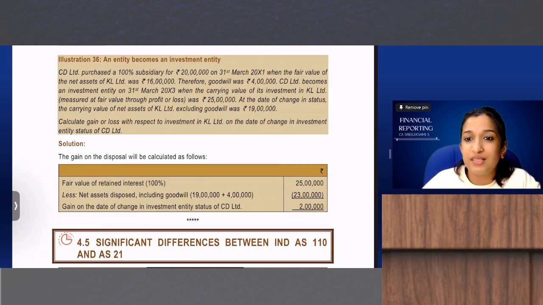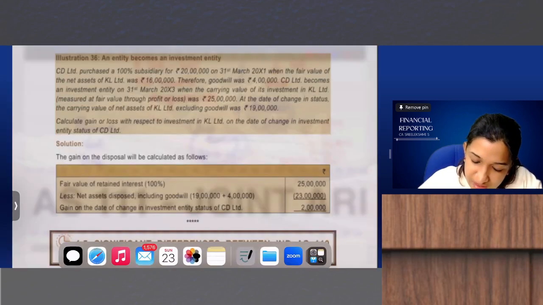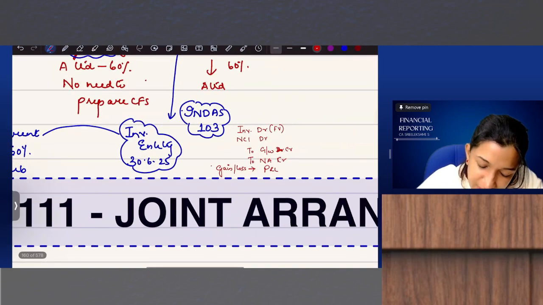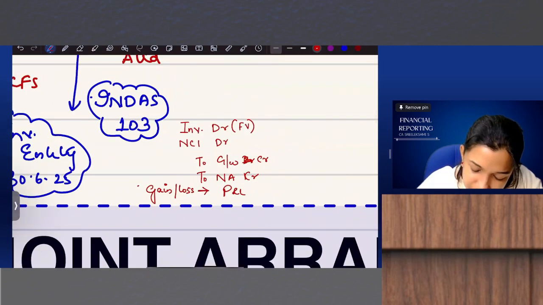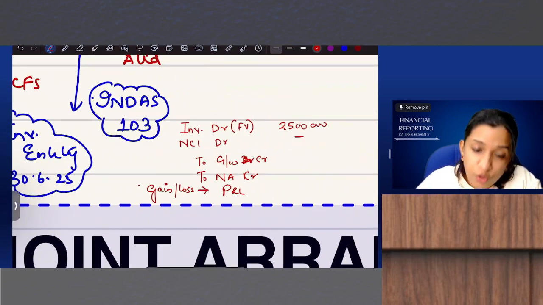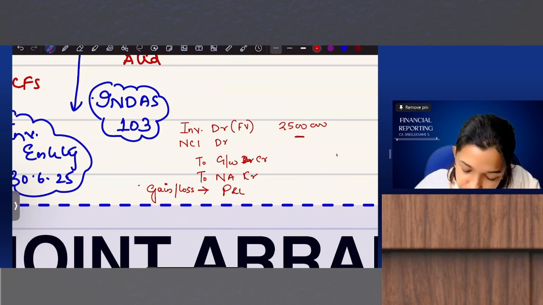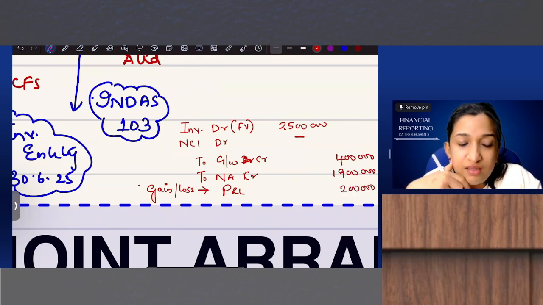Other net assets is 19 lakhs. So what will be the journal entry? Investment debit 25 lakhs. There was no NCI. Goodwill 4 lakhs. Other net assets 19 lakhs. So it is resulting in a gain of 2 lakhs.